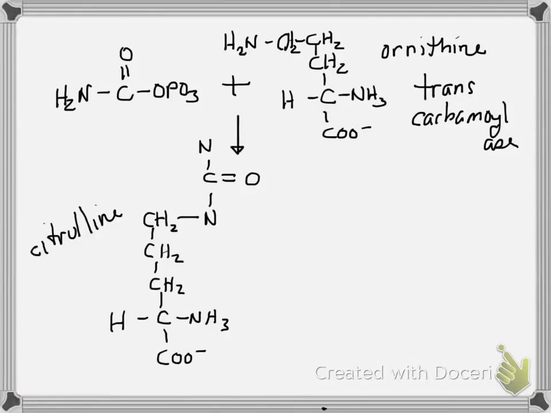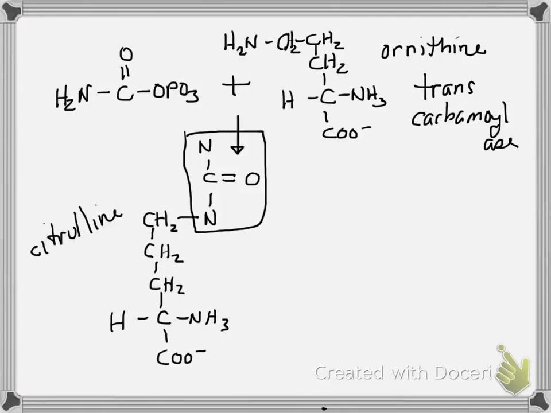Now note that we've added our carbamoyl phosphate group onto the terminal nitrogen of ornithine to form citrulline, and look at this structure. Does that look familiar? Down here, you can start beginning to see the construction of urea here.